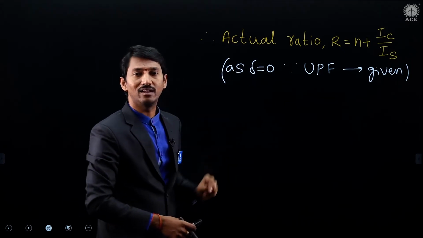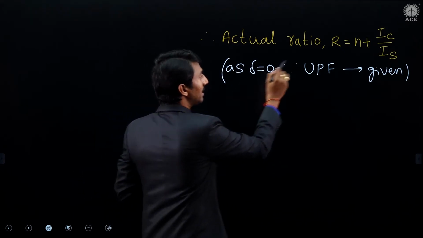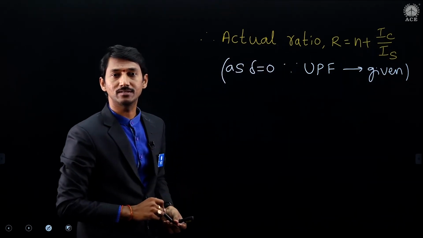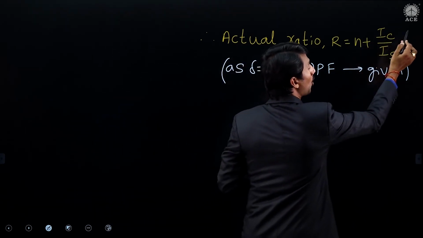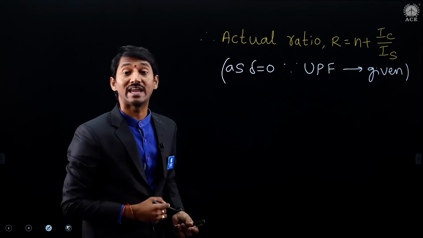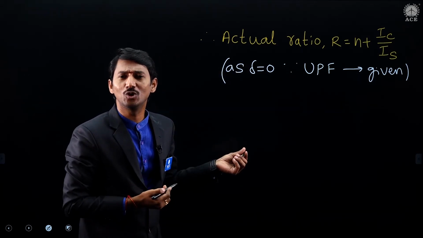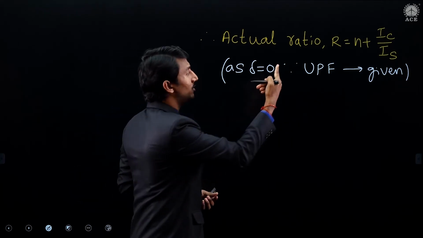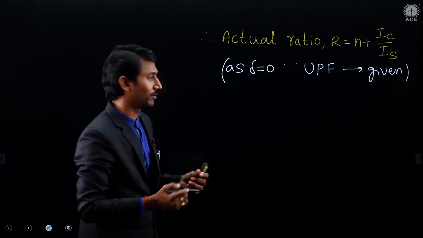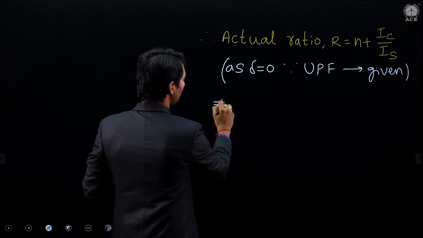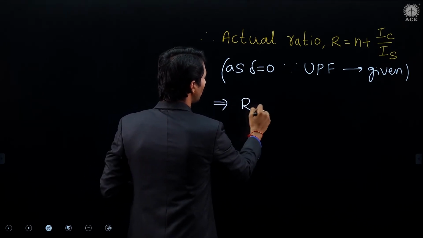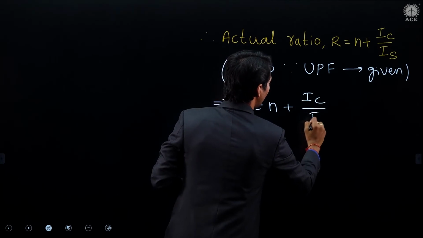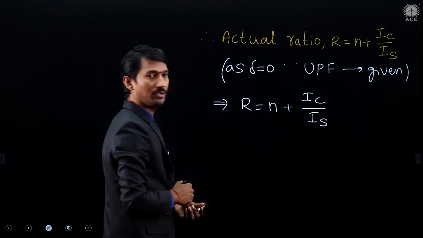Therefore, we can write the R formula as N plus IC by IS. Actually, IC cos delta plus IM sin delta will be there. Delta is 0, so IM sin delta is 0 and cos delta is 1, so 1 into IC only. Finally, R is equal to N plus IC by IS.